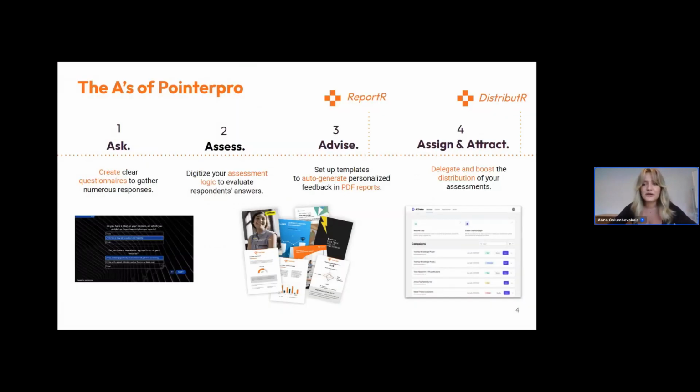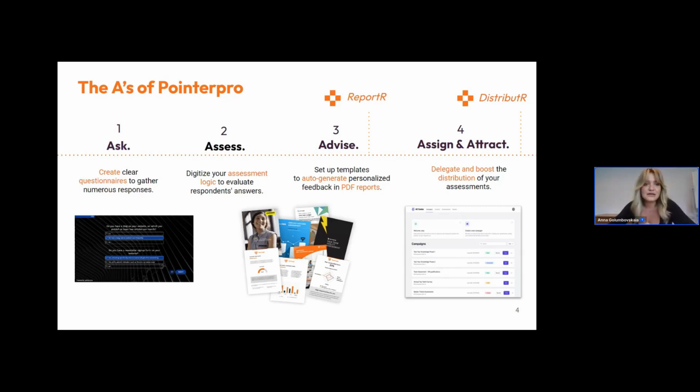First, before we start the distribution portal part of the webinar, I just wanted to take a quick look at the tiers of Pointerpro. There are 4, or rather 5 of them. Most of you are already on our reporter license.